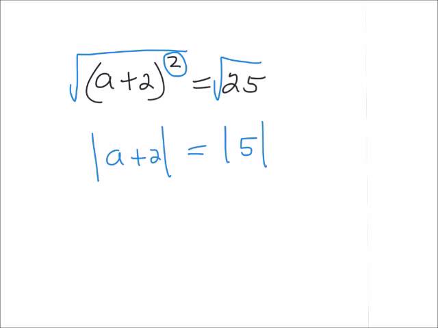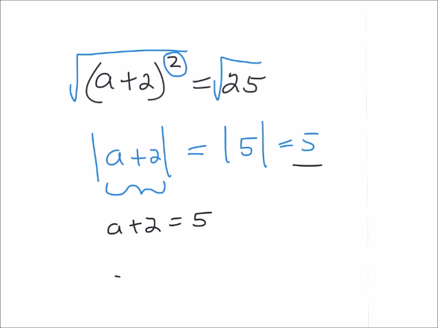Now we typically don't write the absolute value of 5 because we know that the absolute value of 5 is just 5. But just to emphasize the point here, I'm writing it that way. So now because we know that the absolute value of 5 is simply 5, just like we did these absolute value equations before, we're going to take the inside out, a plus 2, and we set it equal to its evaluated value of 5.